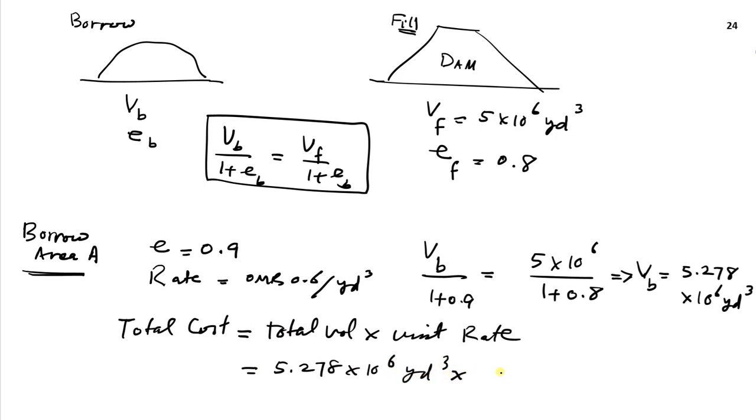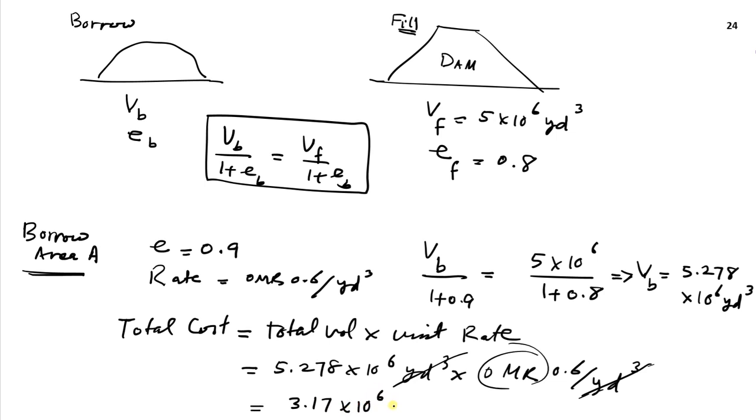And what is the unit rate? Unit rate is OMR 0.6 per cubic yard. So you see, cubic yard and cubic yard are going to cancel out. What is left is the amount. When we multiply this, it is going to be 3.17 into 10 raised power 6. Here the unit is OMR, meaning we got the rate.